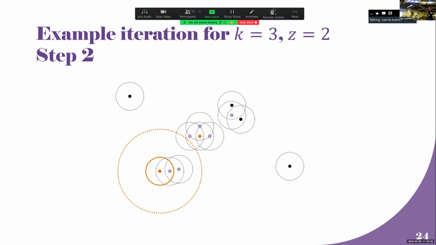Then the next close neighborhood we would choose could be this one. And in the third step, something interesting happens because now we will actually choose one of the marked points as a center, because that has 2 unmarked points in its close neighborhood and it's the heaviest one. So it's actually important that we keep the marked points as potential centers.